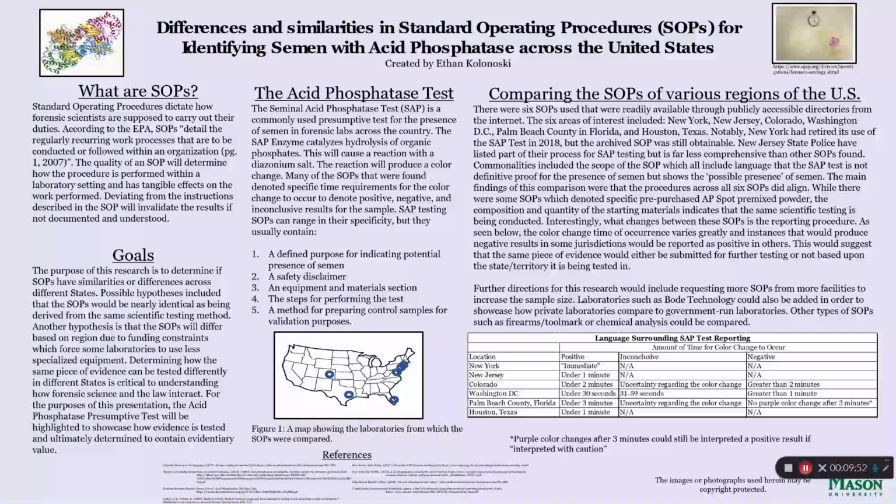So anyway, we can see that these are all different. They're all over the board, and your same piece of evidence is being reported differently depending on where you are. I think that's really important to look at. Say something is a minute 15, that is only getting reported as positive in Colorado and Palm Beach.